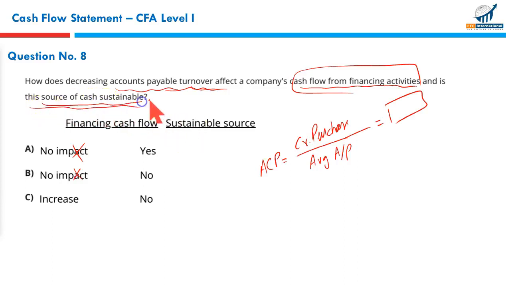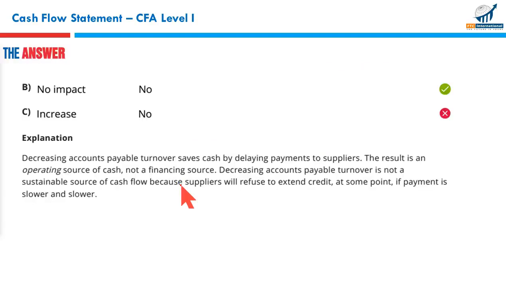Yes, buying goods on credit is a source of finance, but extending the payment to your vendor by delaying the payment is not a sustainable action, because your vendor would refuse to sell you further if you make late payments. So no impact. Is it a sustainable source of finance? No. You can't delay the payment, so that makes B the correct option.